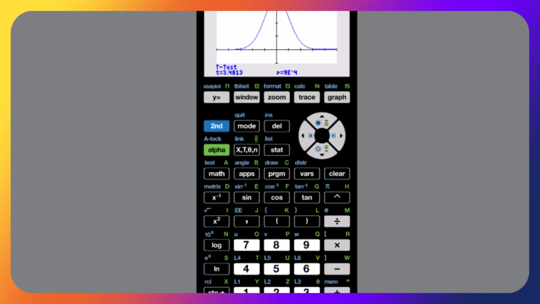All right. So P equals 9E minus 4. E minus 4 means you have to move the decimal point 4 digits to the left, so it's going to be 0.0009, which is very small. And T is 3.481. So let's write that down.